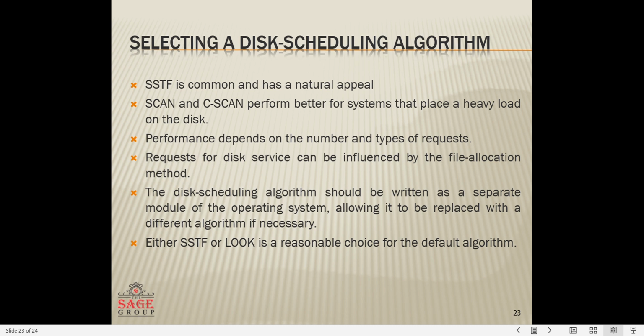Requests for disk service can be influenced by the file allocation method also. This is very important: the disk scheduling algorithm should be written as a separate module of the operating system, allowing it to be replaced with a different algorithm if necessary. Either SSTF or LOOK is a reasonable choice for the default algorithm.